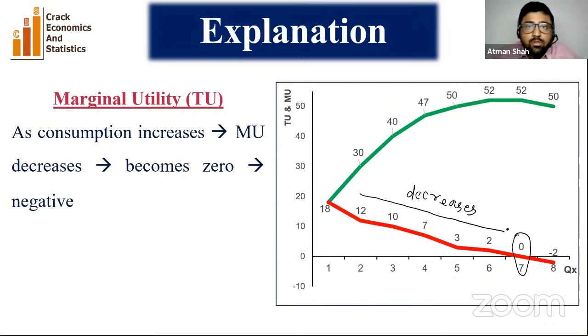When consumer consumes the 7th unit of particular commodity, the marginal utility is zero because you see there is no change in the total utility here. And if consumer still consumes the more units of this commodity, the marginal utility becomes negative.